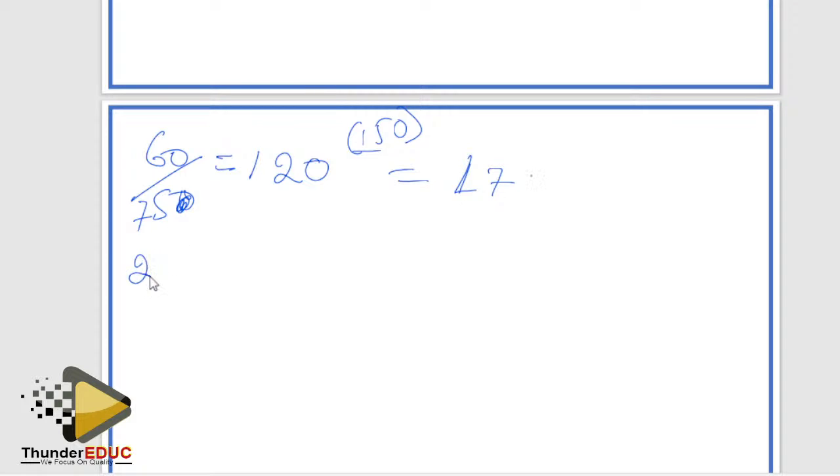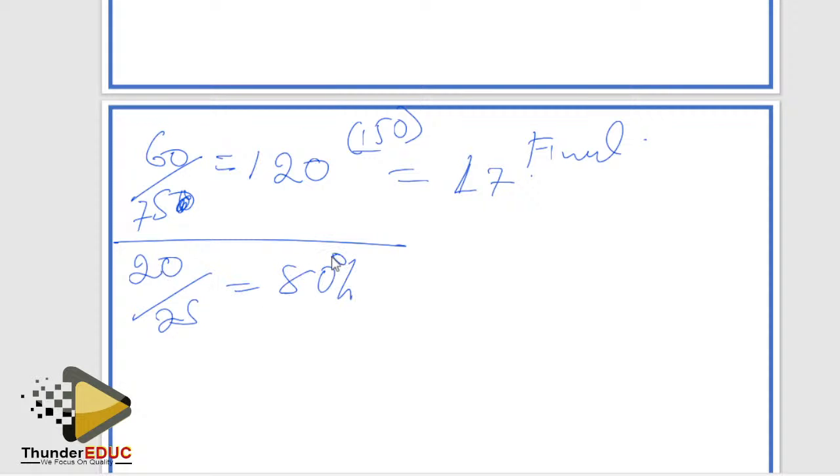I will need 20 out of 25. This is now the SBA, the final mark. I will need 20 out of 25, which is equivalent to 80%, for me to get a level 7. So when I add this 20 plus this 60, I form what you call 80%. I think it is clear.